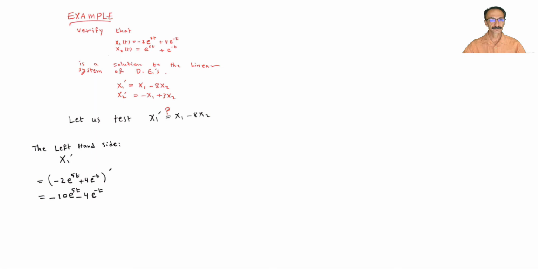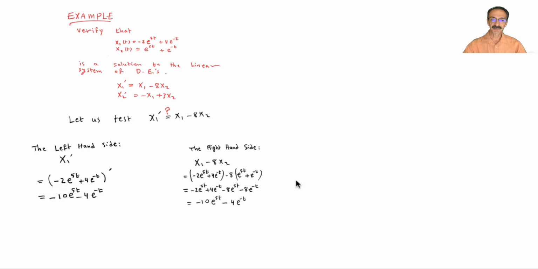So take the derivative of x1 right there, step by step, and we're done. Now on the right hand side, I'm going to take x1, which is up here, take x2 multiplied by 8, subtract, and see if I end up with the same answer that we got from the left hand side. I'm skipping the algebra steps. You could pause and look at it, trying to save you some time.